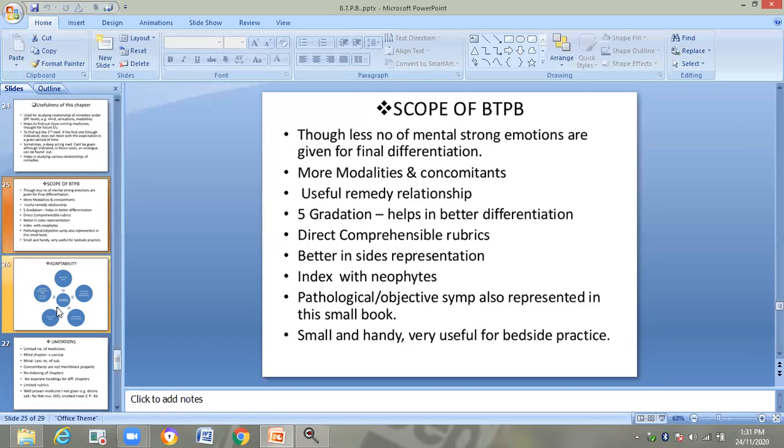While constructing this repertory, the plan and construction follows the same principles and the whole book can be divided into location, sensation and modalities. This makes it easy for the practitioners to find out the rubric.